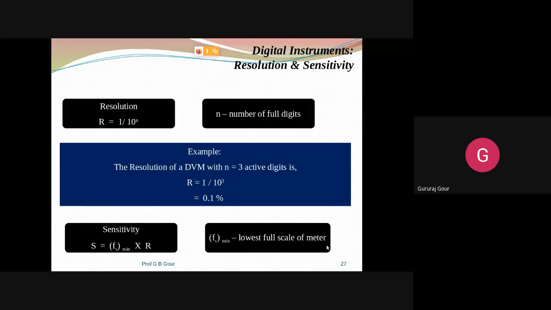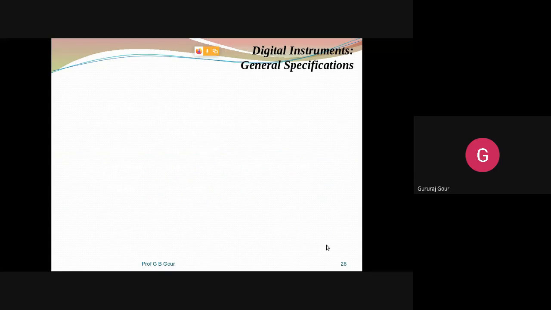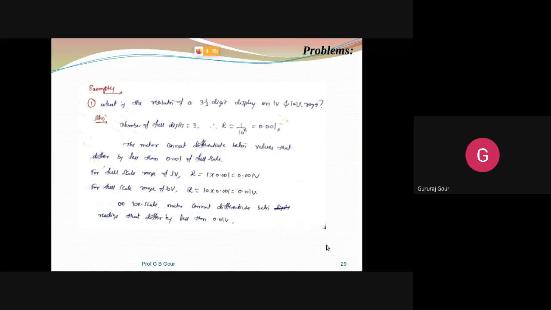Okay, so we'll see some numericals. What is the resolution of a 3.5 digit display on a 1 volt scale or range and a 10 volt scale or range? This problem is asked.